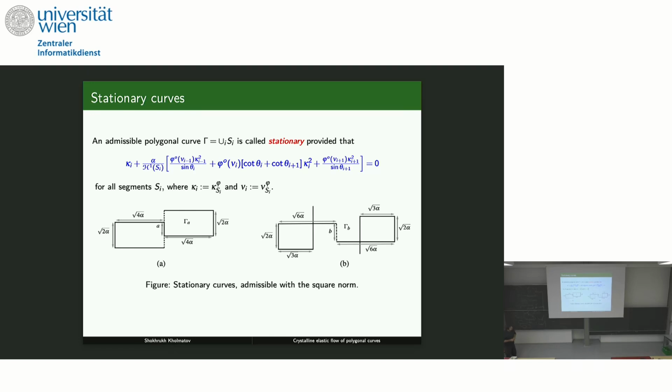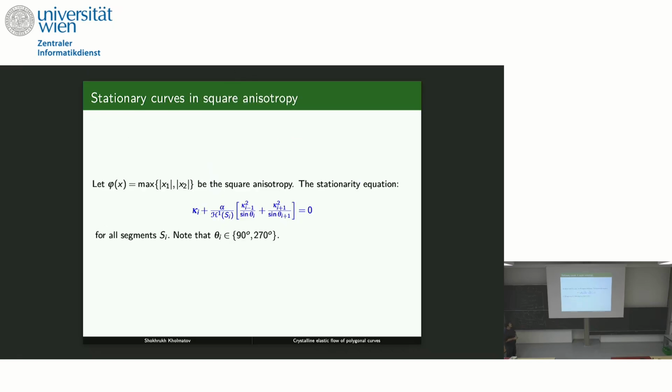And let me do, for example, a more complete analysis in the case of the square norm. In this case, my first variation simplifies, and the cosine term disappears. The cotangent term disappears, and I only get a sine term, which is either 1 or minus 1.